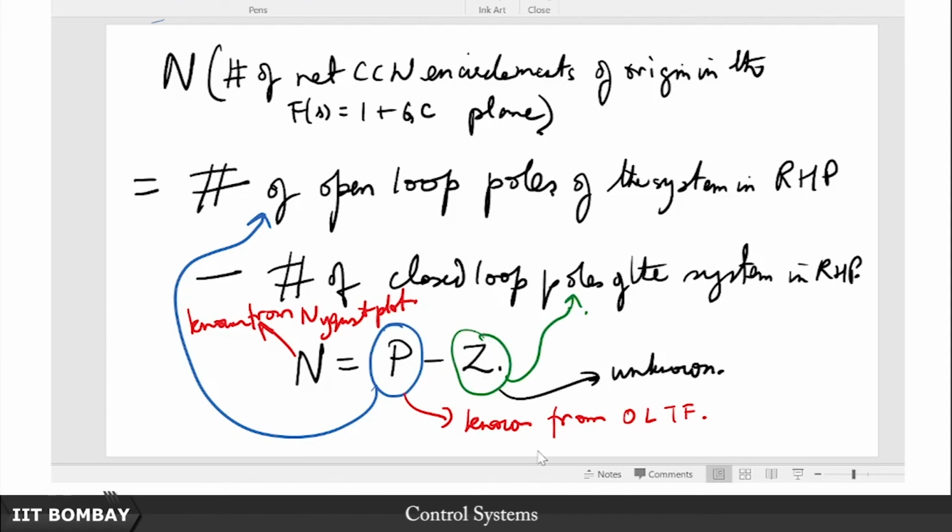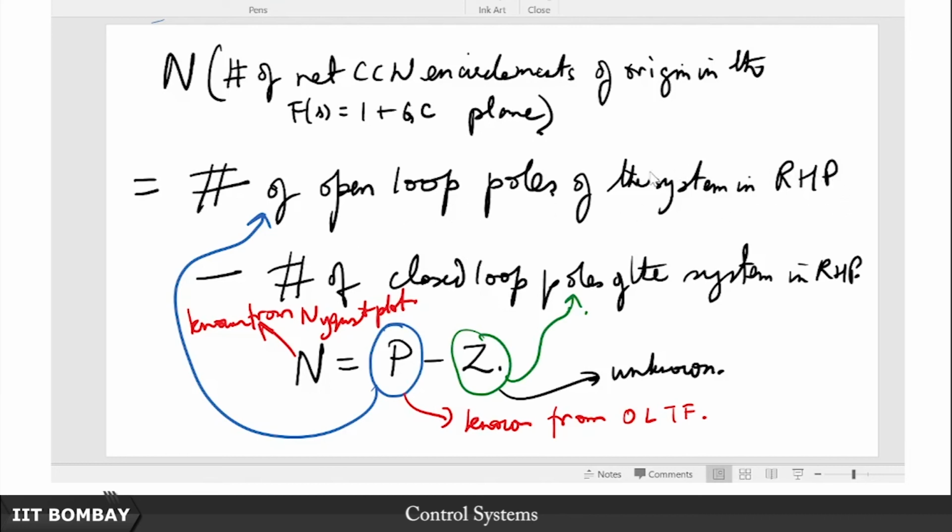Now if you pass this contour through some pole or 0, then how do you count that? Do you count that as inside, or do you count that as outside? We do not know, right. Particularly, we are concerned with the presence of open loop poles on our contour, because after all, with the Nyquist contour we will be concerned with the open loop poles of the system.